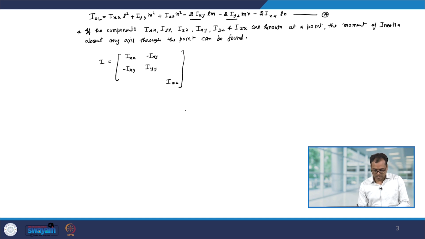So, let me write down minus Iyz or zy, and minus Ixz minus Ixz. Okay. So, I have just arranged them in the matrix.